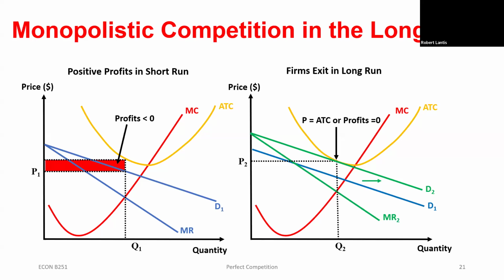So if price is equal to average total cost, my profits here are going to be equal to 0. If this was a perfectly competitive market, what point are they going to get to? Well, in the long run, where does the marginal cost curve hit the average total cost curve?